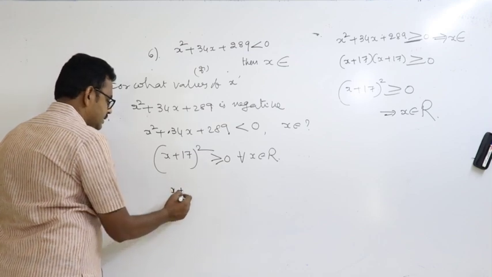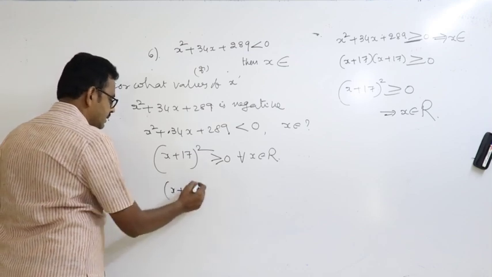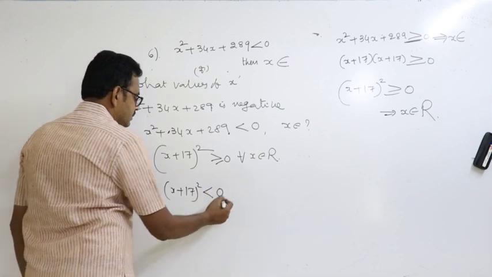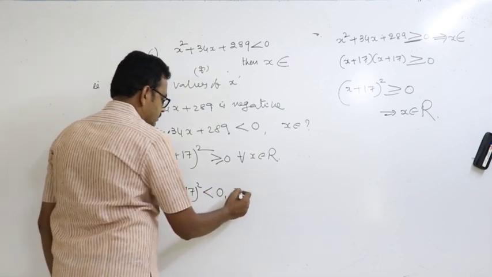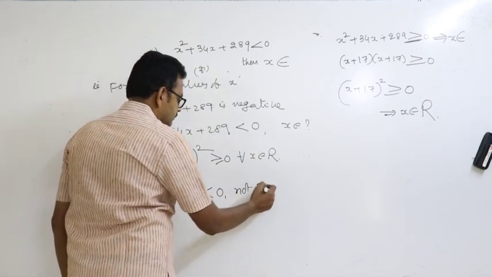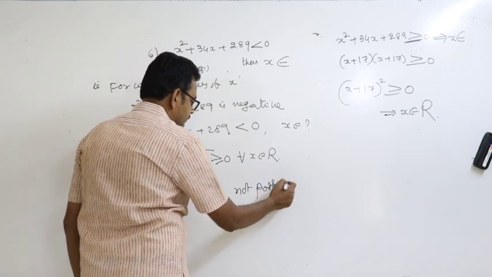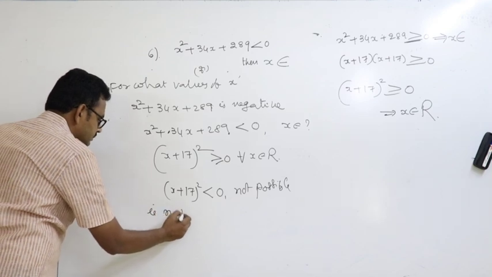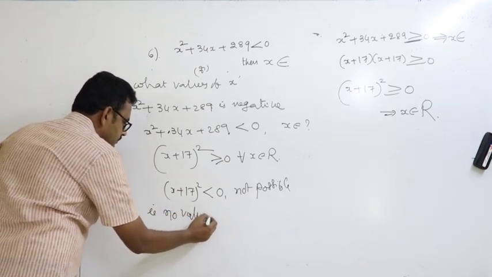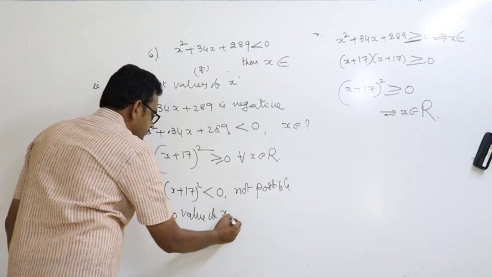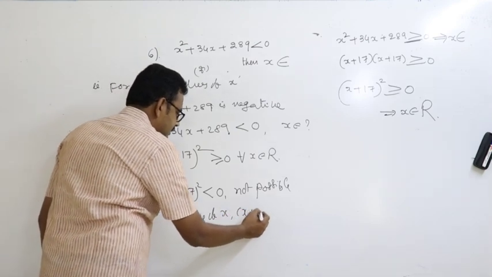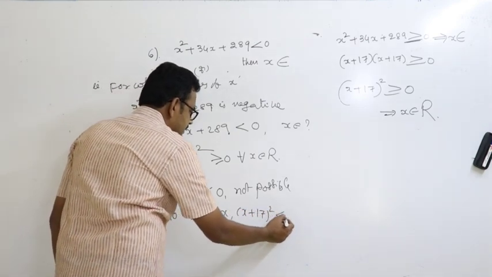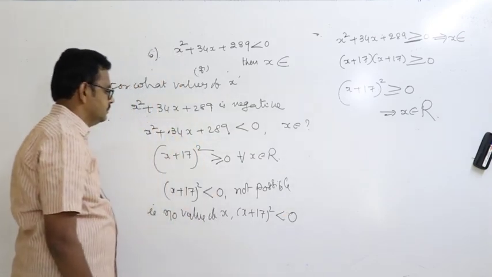So x plus 17 whole square is less than 0 is not possible. That is, no value of x.